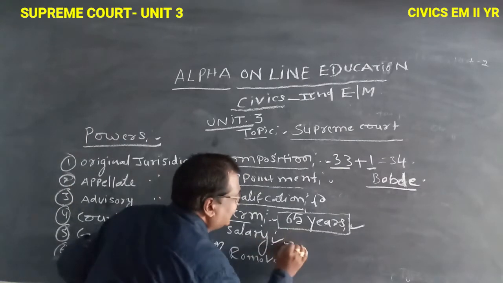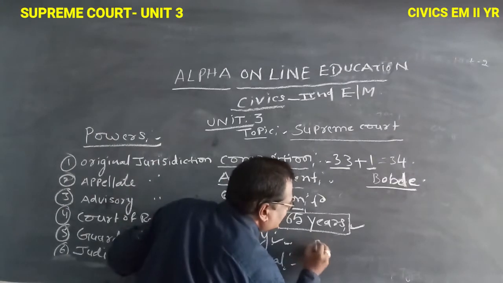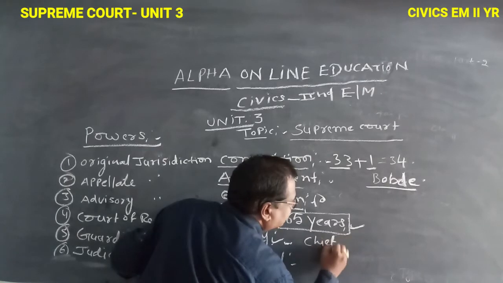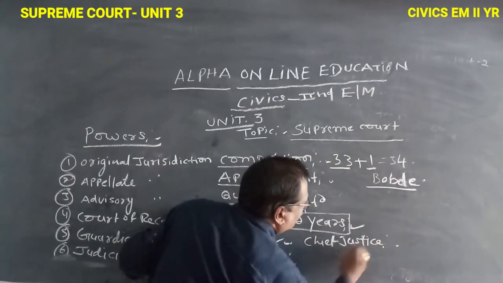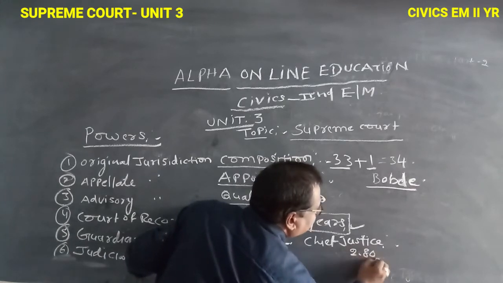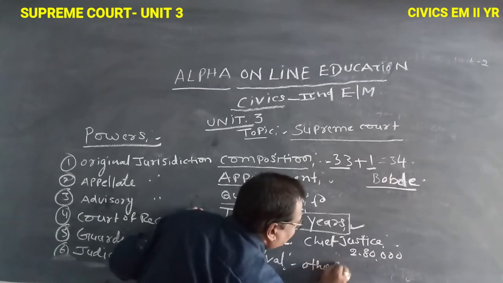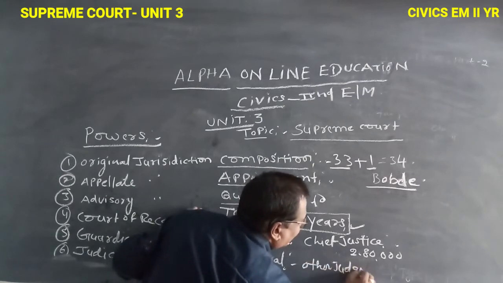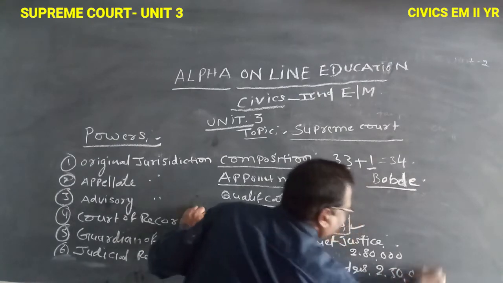Now the salary. Recently, the Chief Justice of the Indian Supreme Court's salary is 2,80,000 for one month, and the other judges' salary is 2,50,000 for one month.